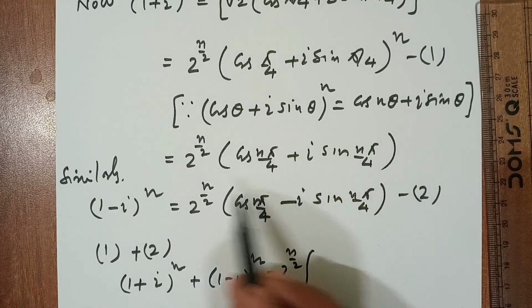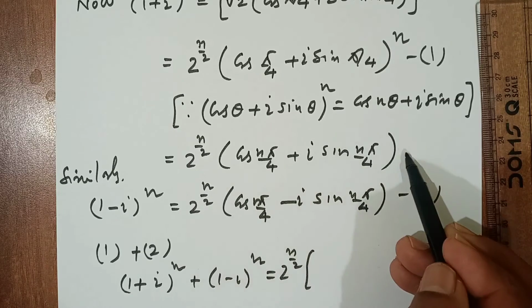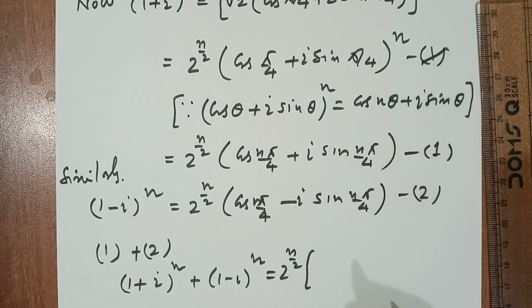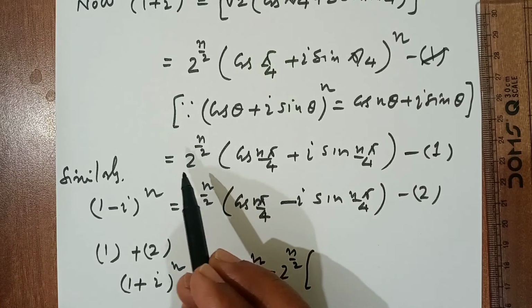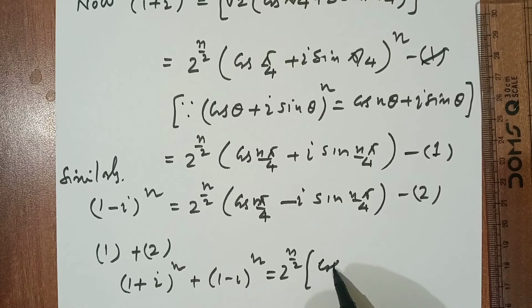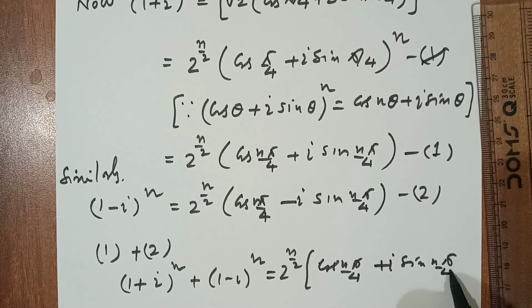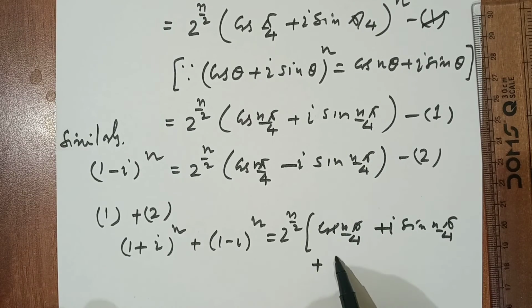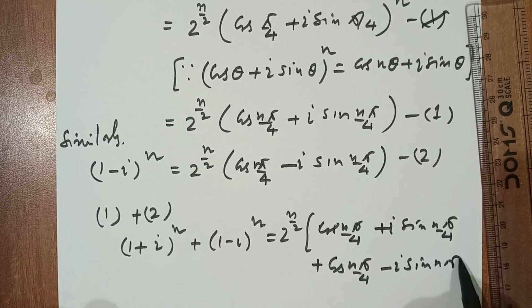So 2^(n/2) is common, and this is cos nπ/4 + i sin nπ/4 + cos nπ/4 - i sin nπ/4.